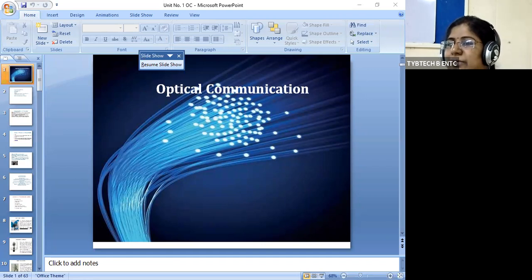So till 1950, long distance voice communication was almost entirely transported over the open wire carrier system. Here the picture is shown. Then next there were coaxial cables. What is the difference between coaxial cable and the open wire system?